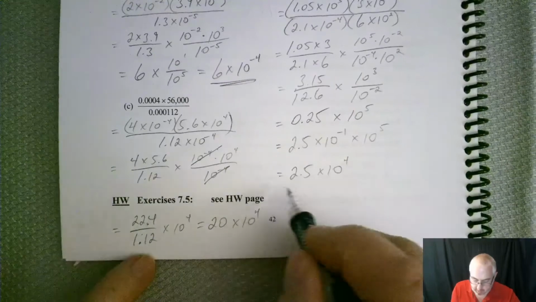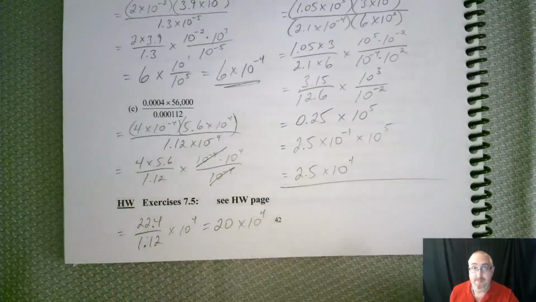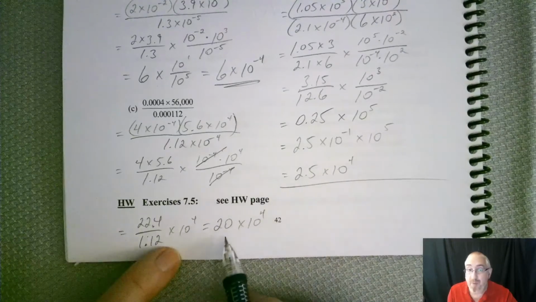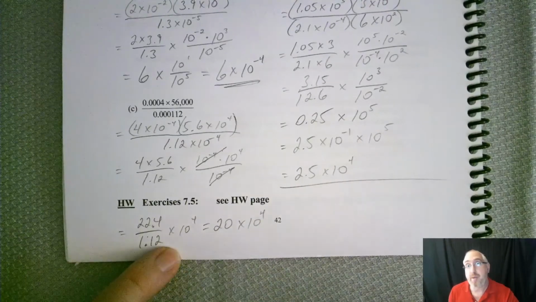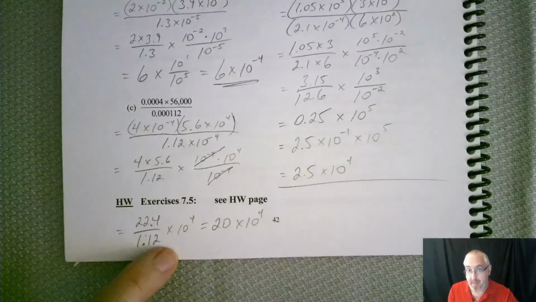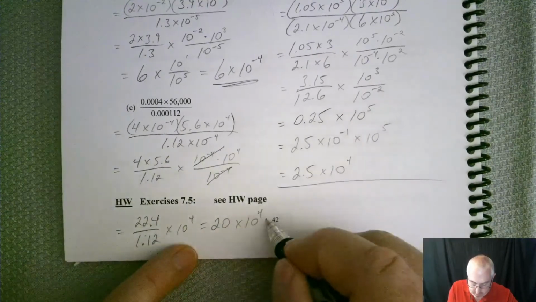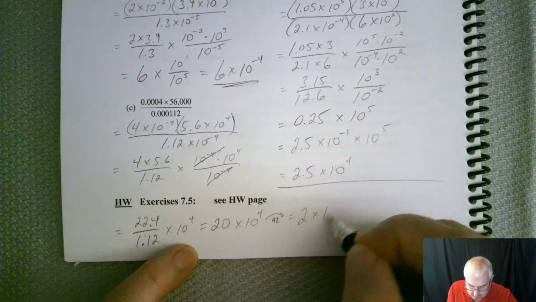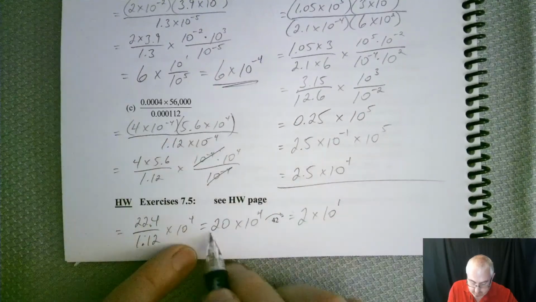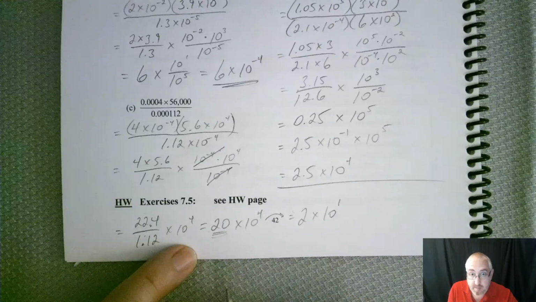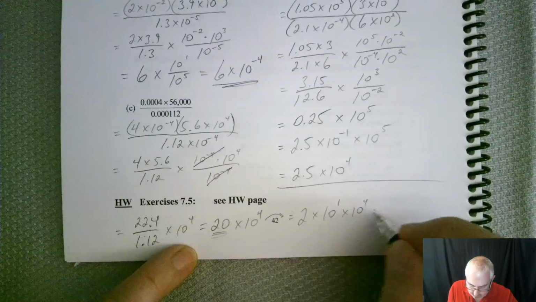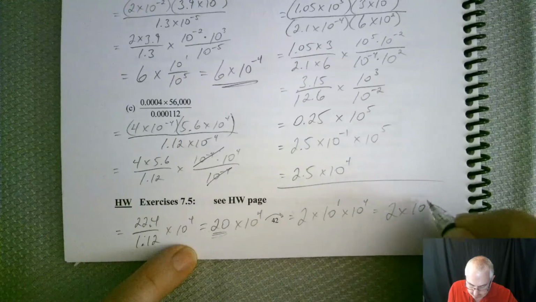So, are we done? You better be saying no. And the reason why is, again, the front number is too big now. It's bigger than 10. So we got to make it smaller. So just like we did up here, we can say 2 times 10 to the 1st, because that takes care of this. And then we still got the 10 to the 4th power. So all together we got 2 times 10 to the 5th.